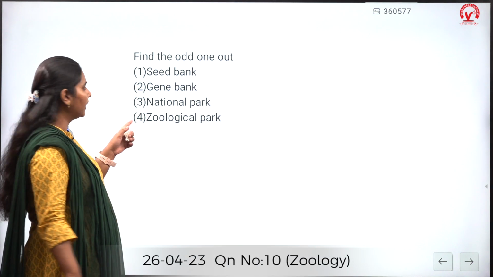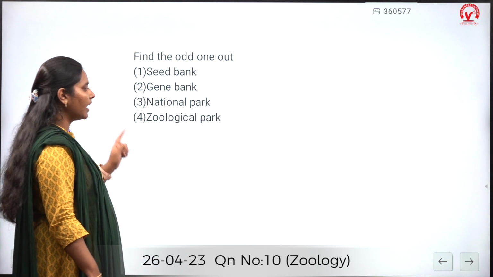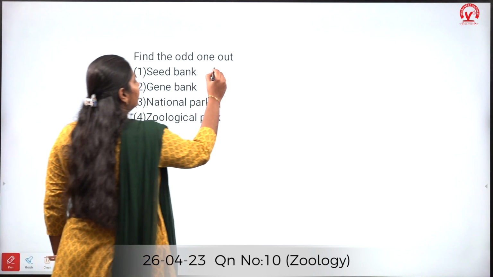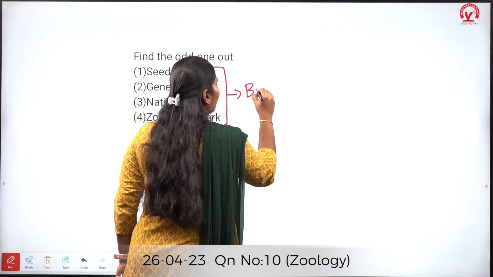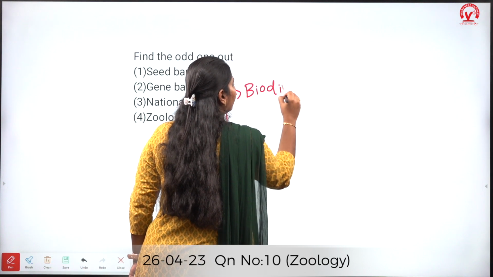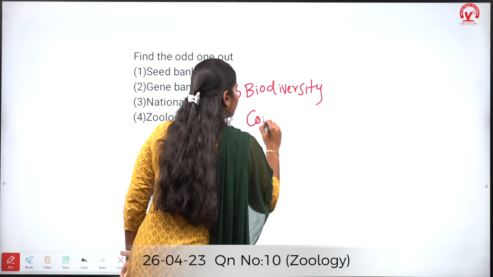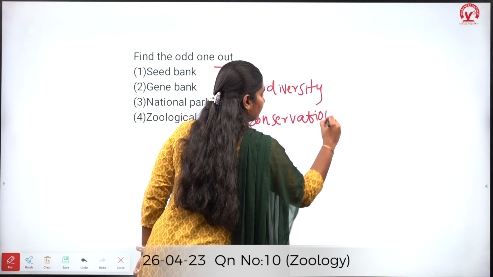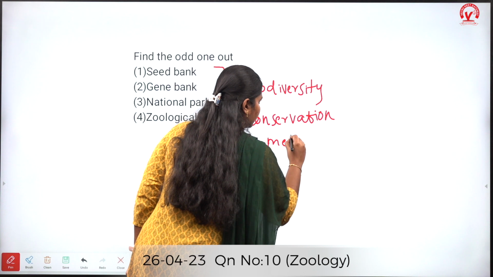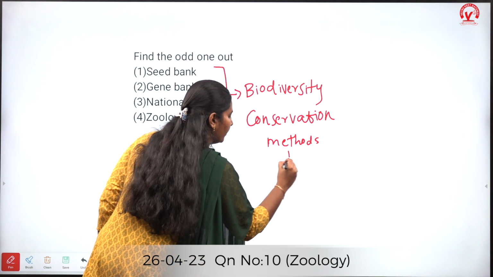Find the odd one out. The options given are seed bank, gene bank, national park and zoological park. And these are some methods of biodiversity conservation. Usually there are 2 methods.